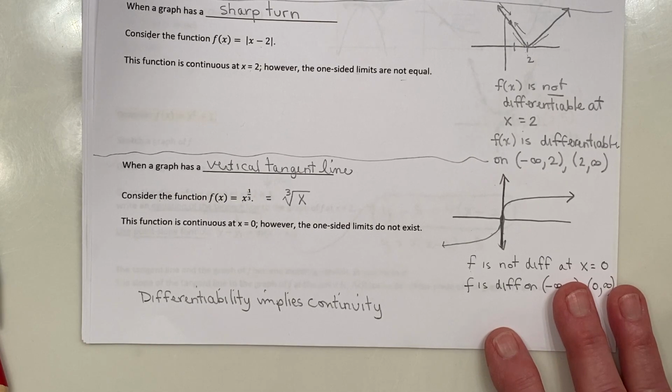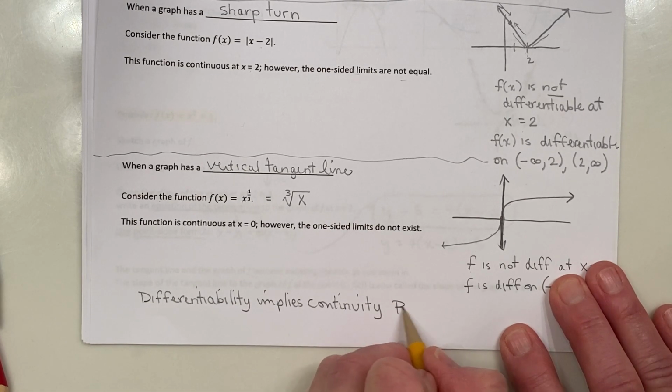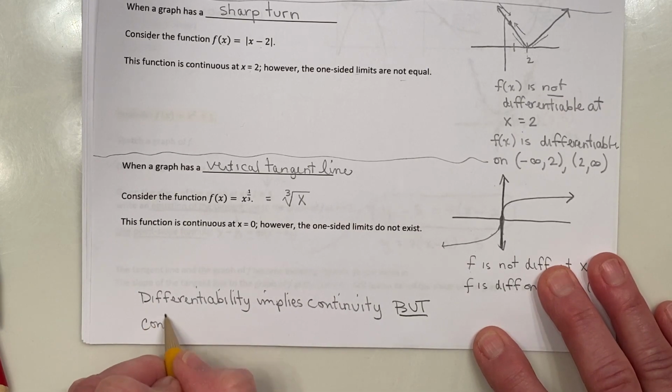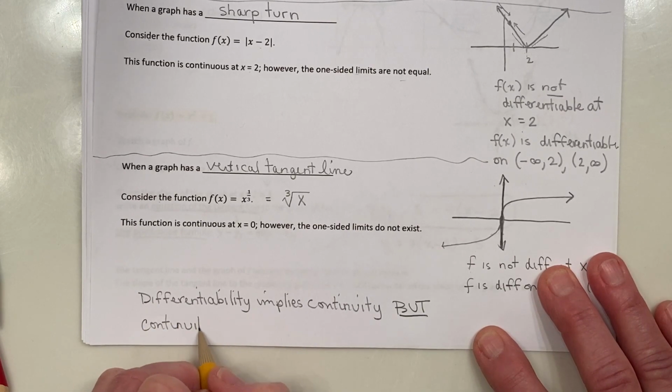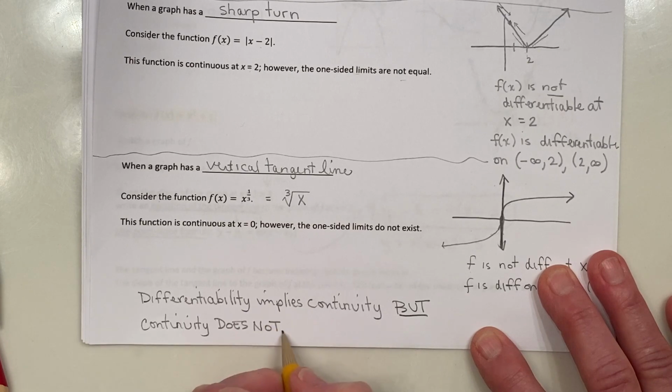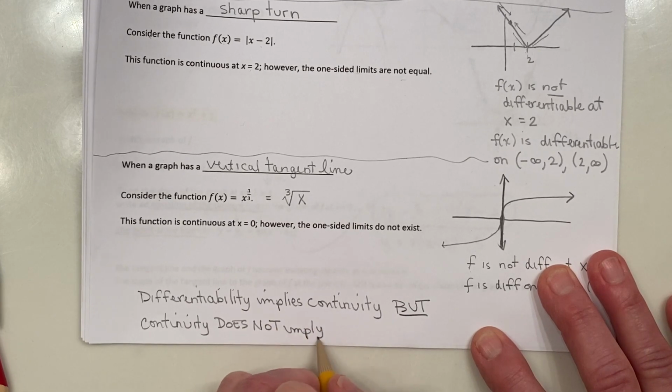So if we were told a function is differentiable, we then know that that function also has to be continuous. But the other way around, continuity does not imply differentiability.